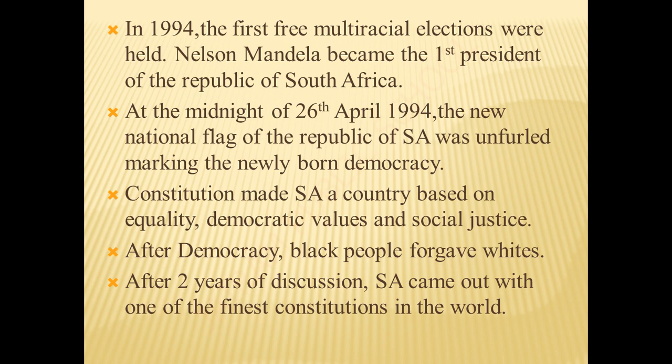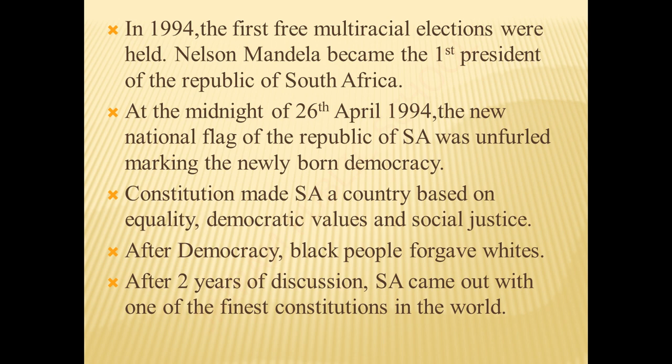The Constitution of South Africa was very unique because it talked about equality of all races, equality of all men and women living in the country, democratic values and social justice. After the emergence of democracy in South Africa, the black people forgave the white people and all of them sat together and discussed and framed their own new constitution.